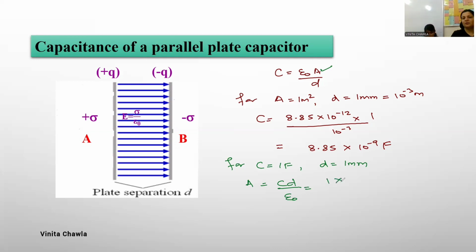C is 1, D is again 10 to the power minus 3 meter, epsilon naught is 8.85 into 10 power minus 12. So your answer is 0.11 into 10 raised to the power 9 meter square, which is nearly equal to 10 raised to the power 9 meter square.